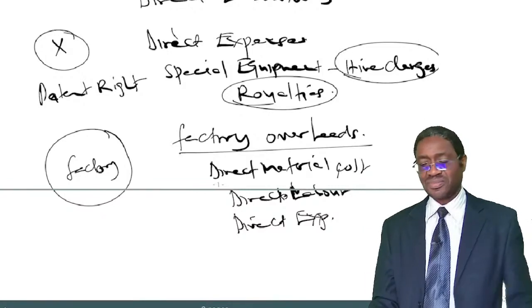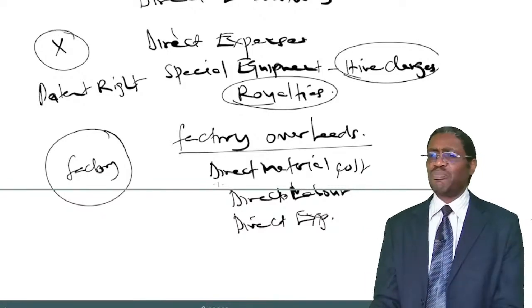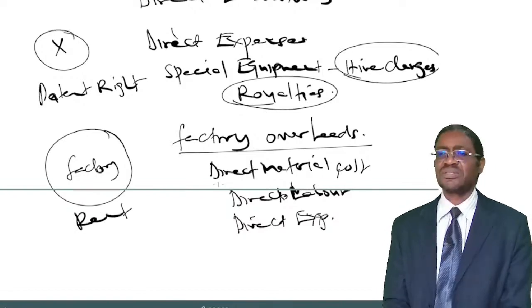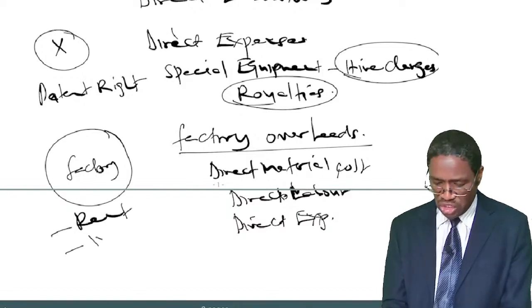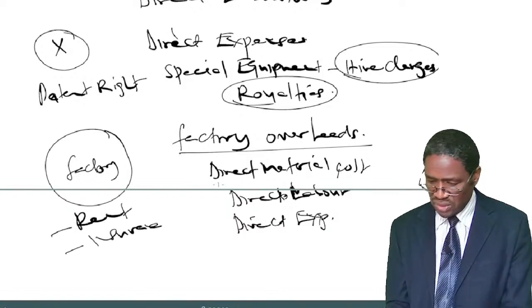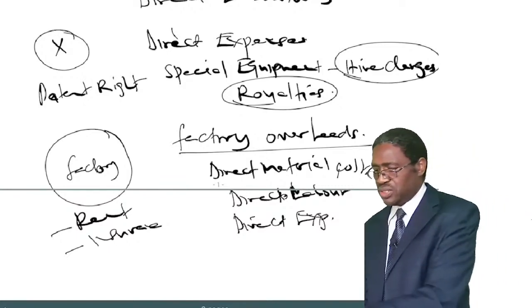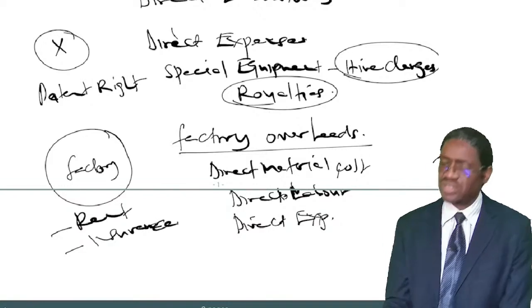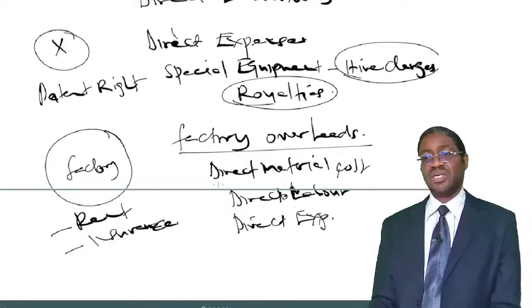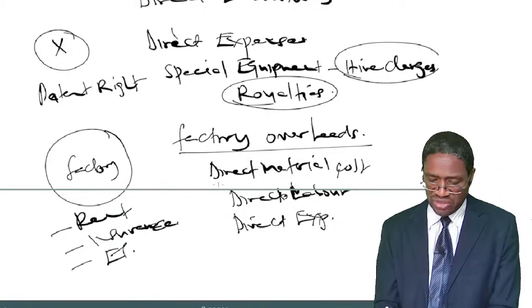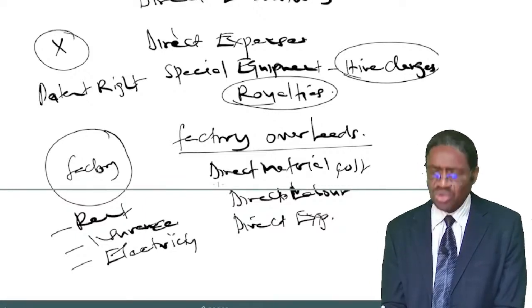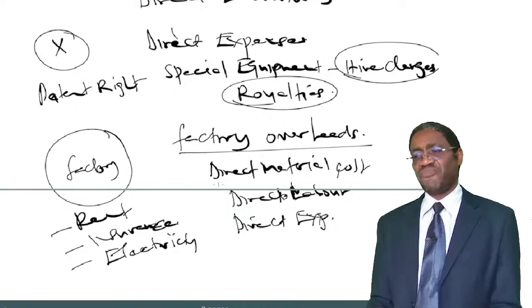Good. Let's take for example the factory rent, factory insurance, maybe factory electricity. These are some of the expenses you incur within the factory.